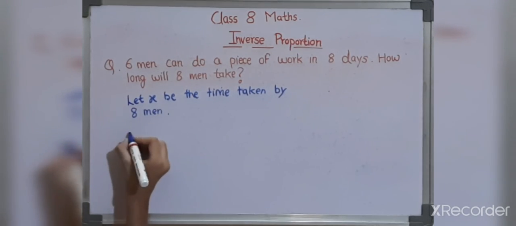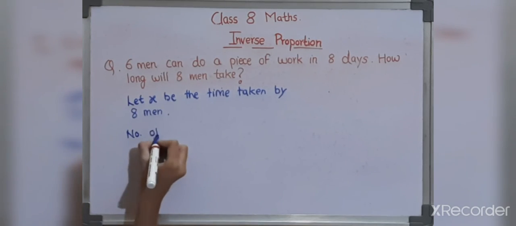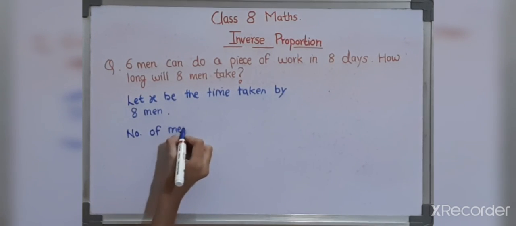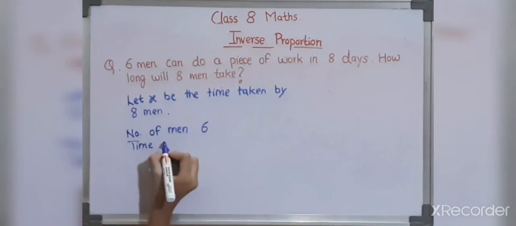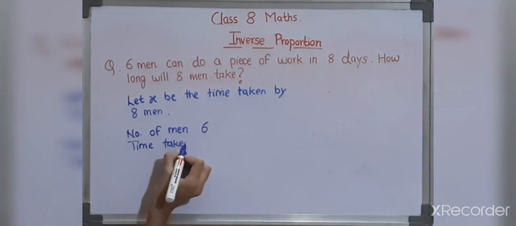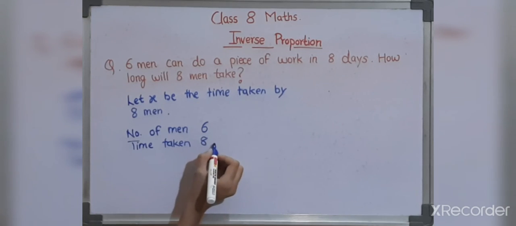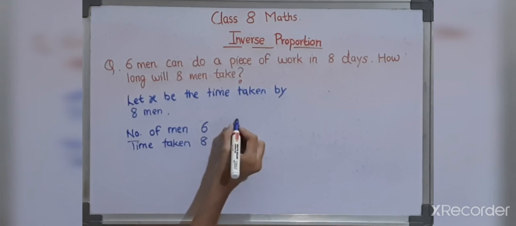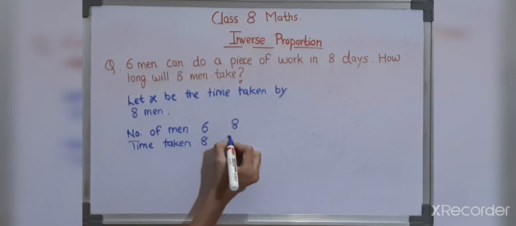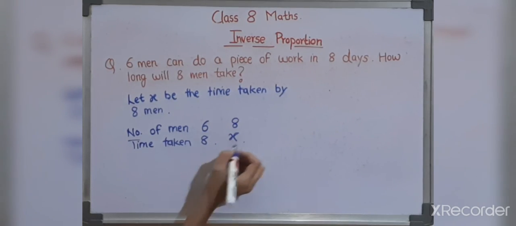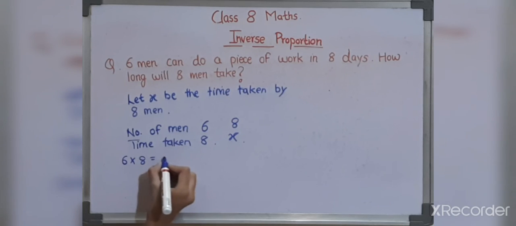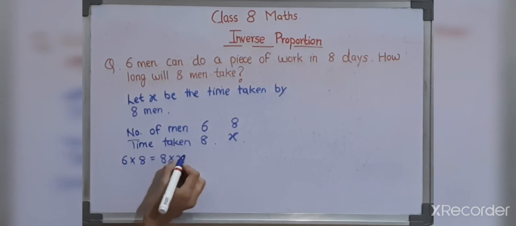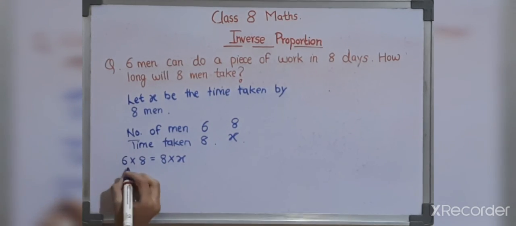Okay, so here number of men is equal to 6 and time taken is equal to 8 days, and number of men is 8 and we need to find the time taken, so we are taking it as x. As we know that 6 into 8 is equal to 8 into x, as this is in inverse proportion.